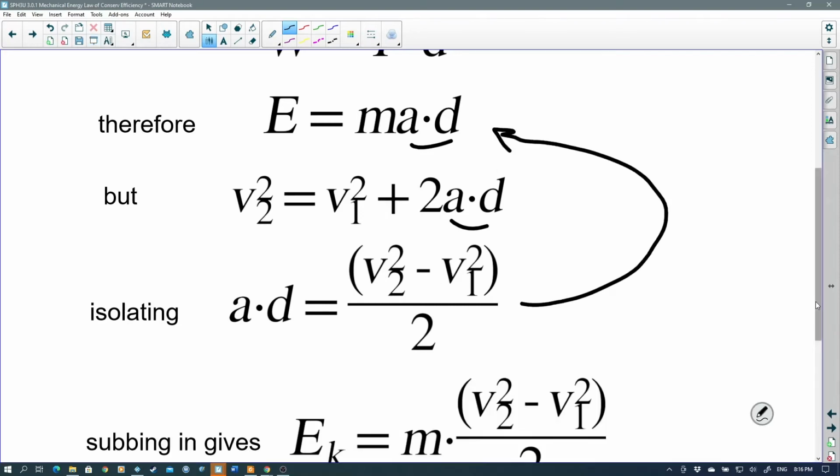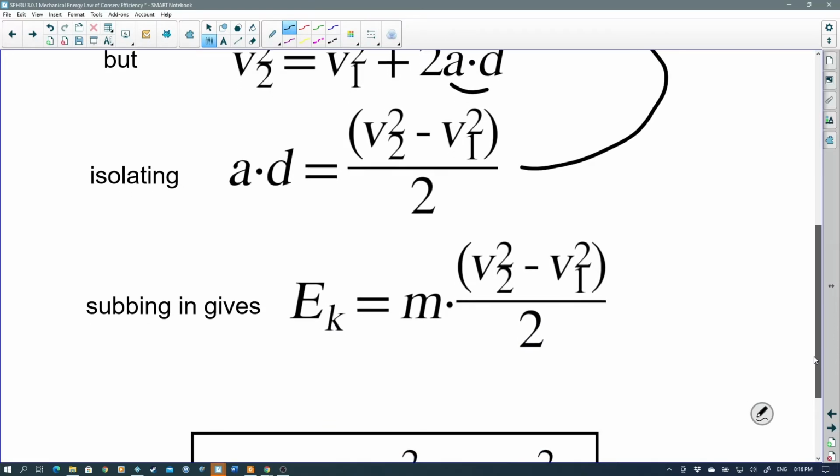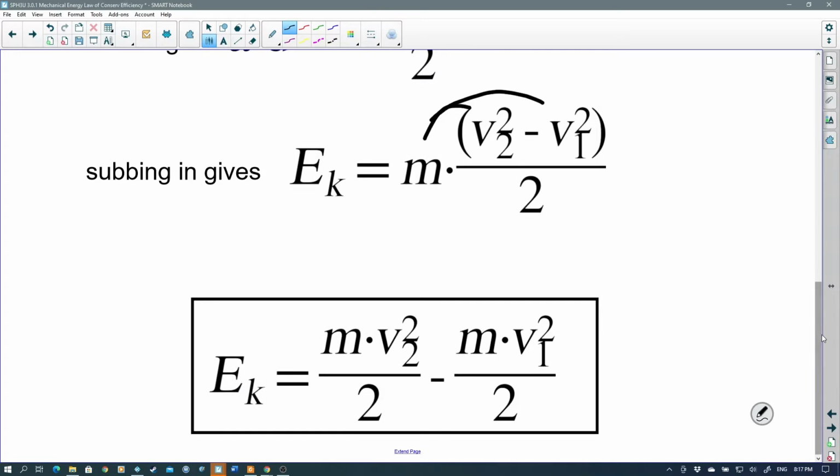And what we end up with is Ek, the kinetic energy, is equal to m times v2 squared minus v1 squared over 2. And if we distribute the m into the numerator, we end up with what is called the kinetic energy equation. Kinetic energy is equal to the mass times the second velocity squared divided by 2, minus the mass times the first velocity squared divided by 2.